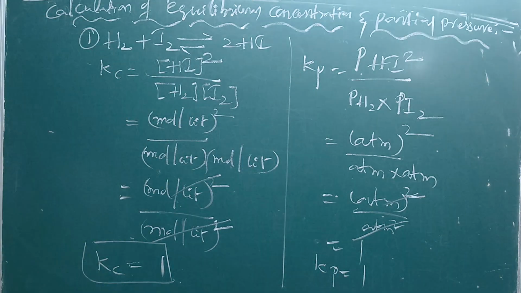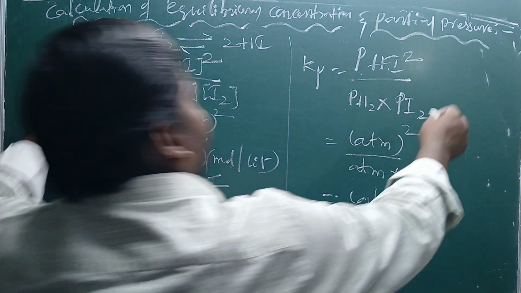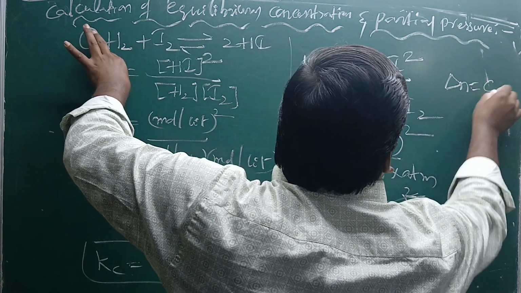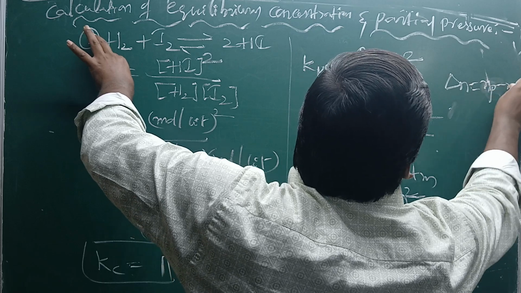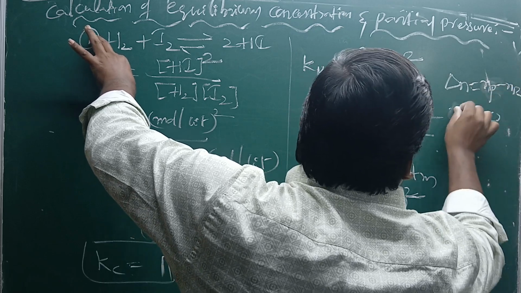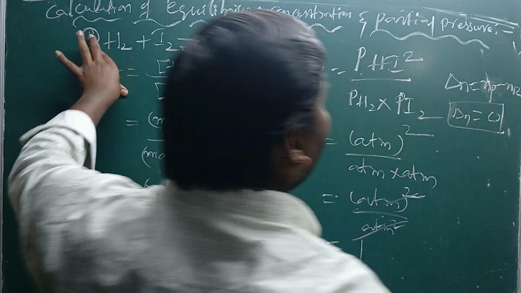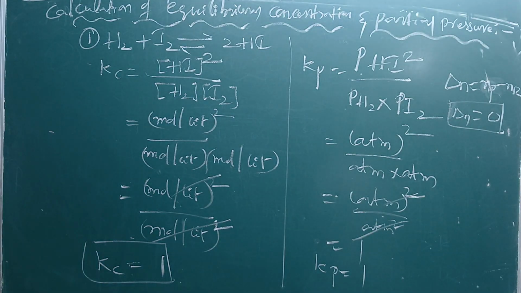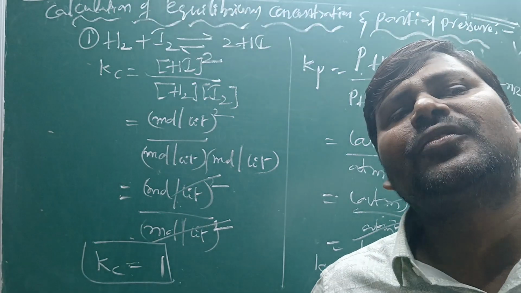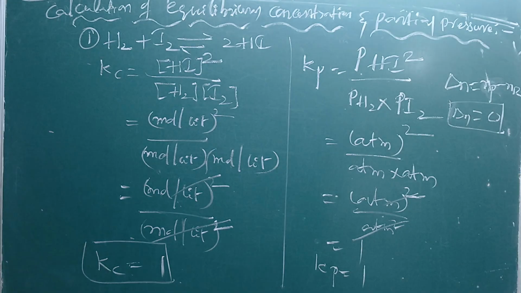Here you can observe delta n is equal to 0. Delta n means np minus nr is equal to 0, that is, the number of moles of gaseous products is the same as the number of moles of gaseous reactants.